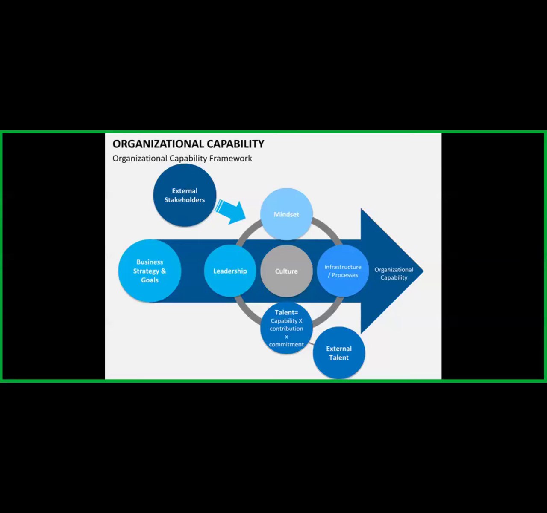Now, organizational capability, we all are aware, it's a very simple term. Capability, we are aware of. Organization, we are also aware of. So, the organizational capability profile or framework measures, evaluates, or assesses the internal strengths and weaknesses across the key functions that are being performed in the organization.